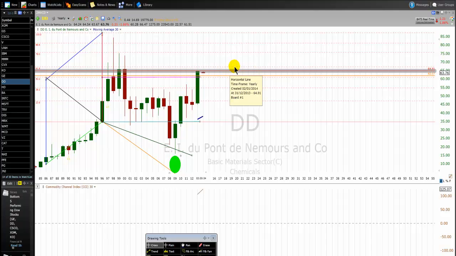But if the price goes above the closing price on the yearly chart and finds support, we will look for opportunity to buy. And if it goes below the short-term equilibrium price level, the orange line, and then comes back and retests it, and then fails to go above it, that's it. We'll look for opportunity to sell it.